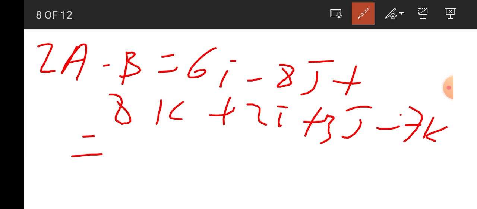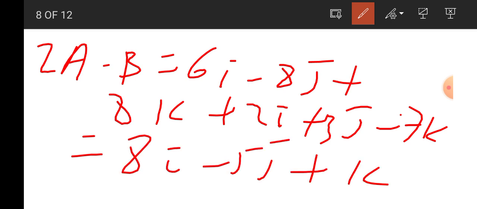This is equal to 8I minus 5J plus K. ስንደምራቸው አይን ከአይ ጋር ጄን ከጄ ጋር ቅድም እንደደመር ነው፣ ይህንን ቬክተር ስንደምረው 8I minus 5J plus K ይመጣል ማለት ነው። So you are asked to determine the magnitude of 2A minus B.